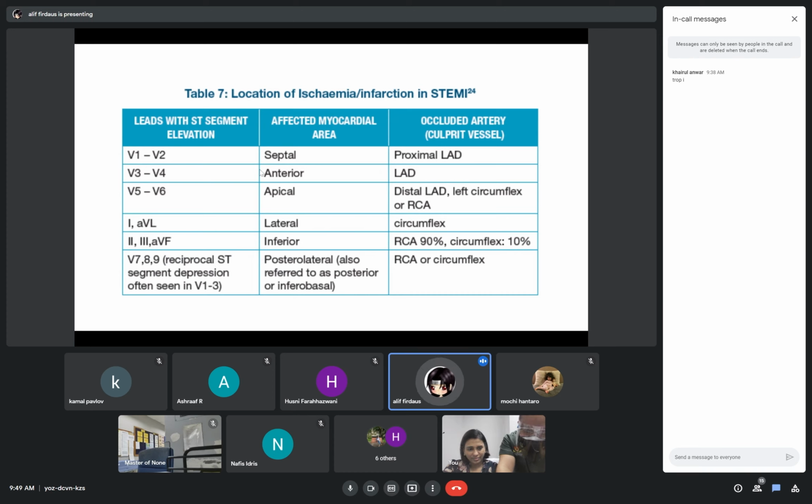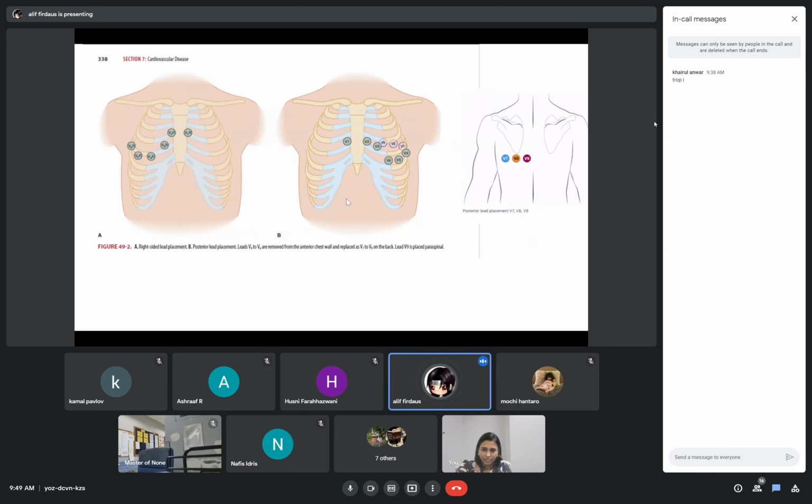V3, V4, the affected area is the anterior part, left anterior descending. And V5, V6 usually the distal LAD, left circumflex, or the right coronary artery. The next thing, this is the place where we put the lead in the patient's chest, and sometimes we might put the posterior leads, V7 or V8.